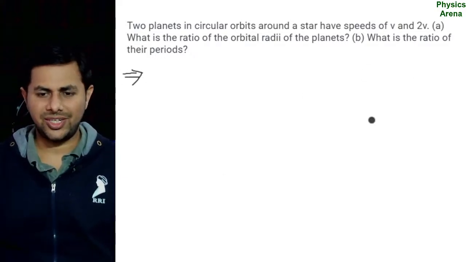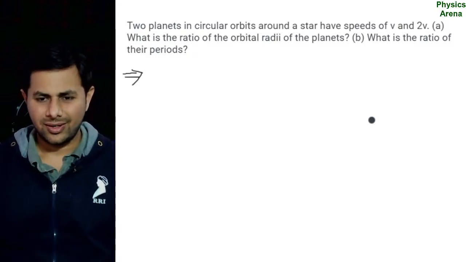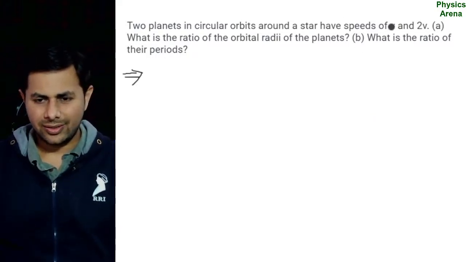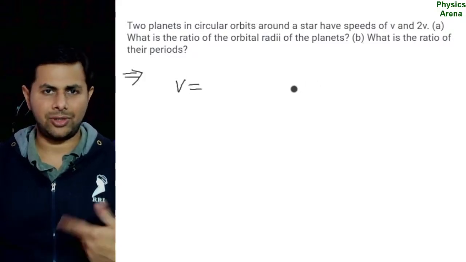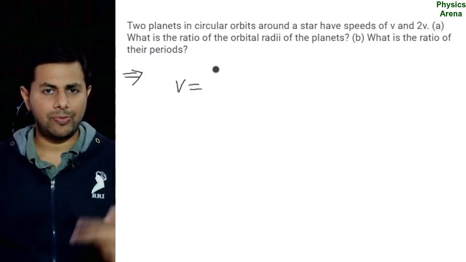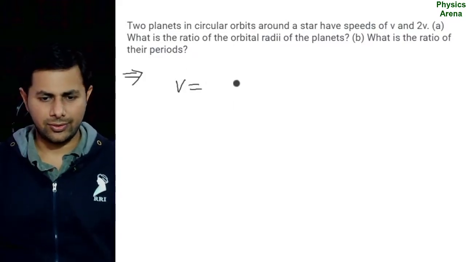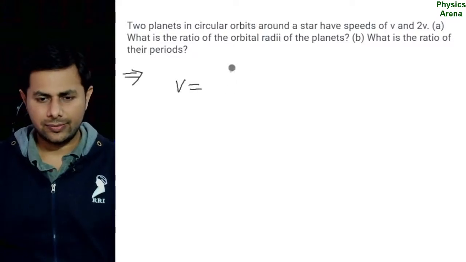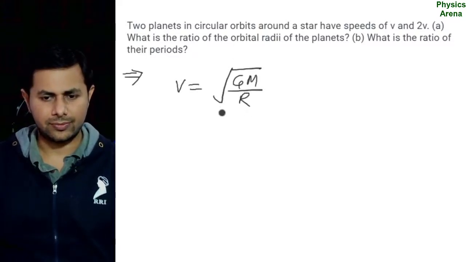Here we need to remember some formulae. What is the formula for the speed of a satellite in an orbit? The same formula will be the speed of a planet in an orbit around the sun or a star. The formula is the square root of GM over r.